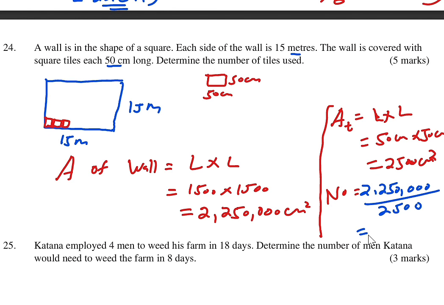So divide the two with your calculator. You can see the number of tiles is 900, and therefore our answer is 900. We score those 5 marks.